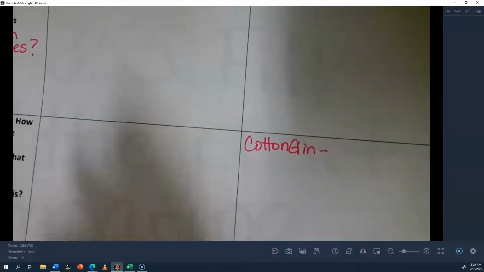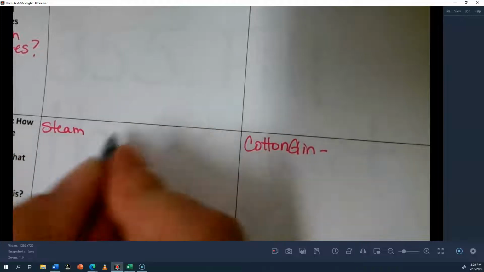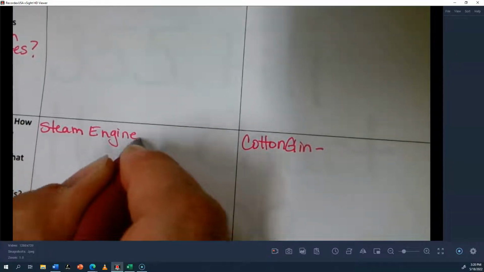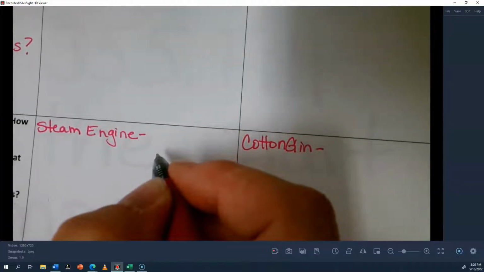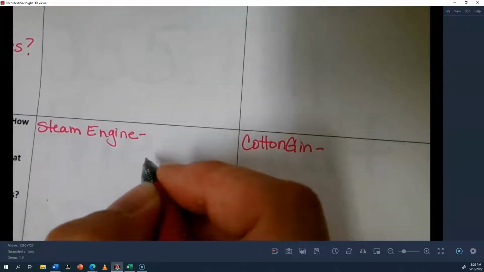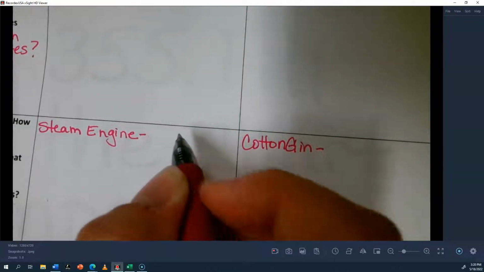We also had things like the steam engine being created, and the steam engine allows for powered vehicles. You can power what kind of vehicle with a steam engine? A train. You could power a steamboat. So this is where we're going to start seeing more powered vehicles.